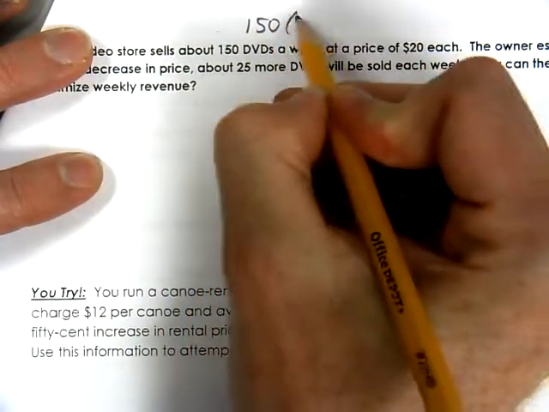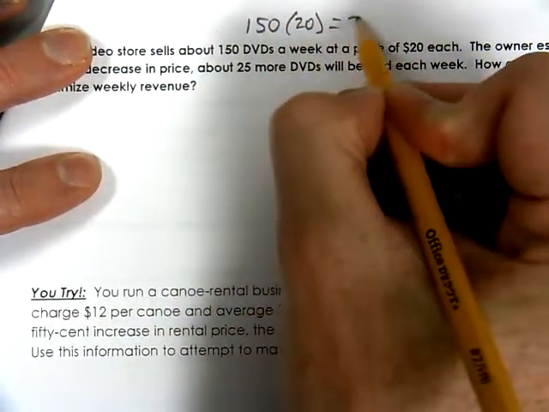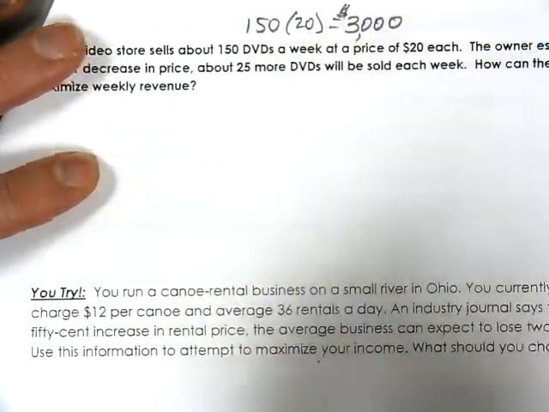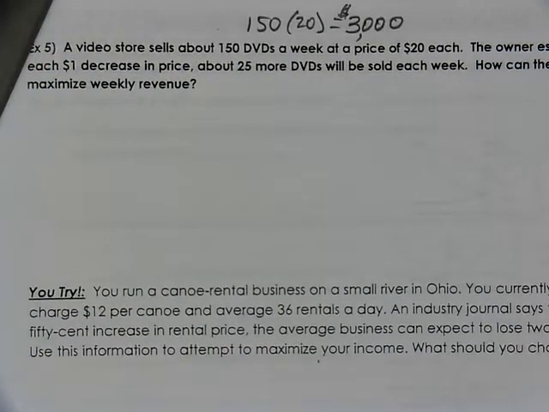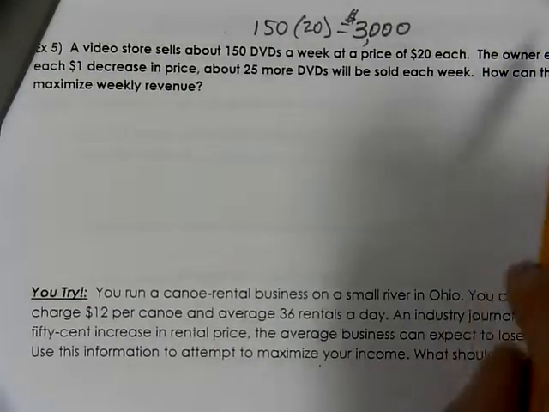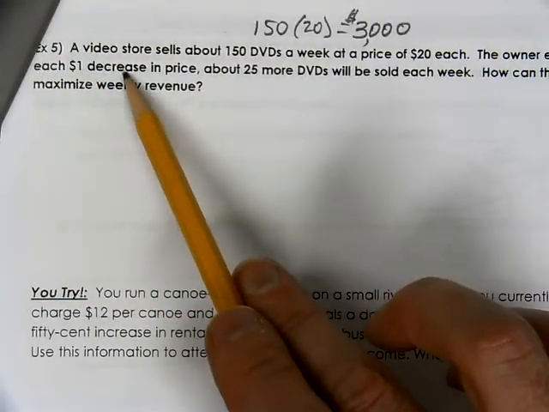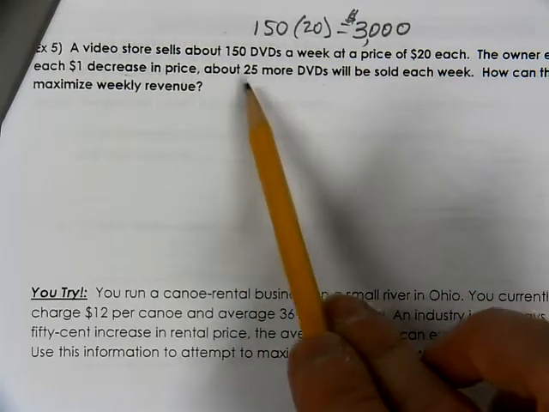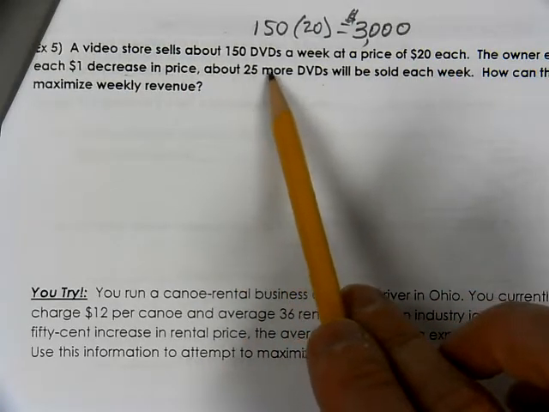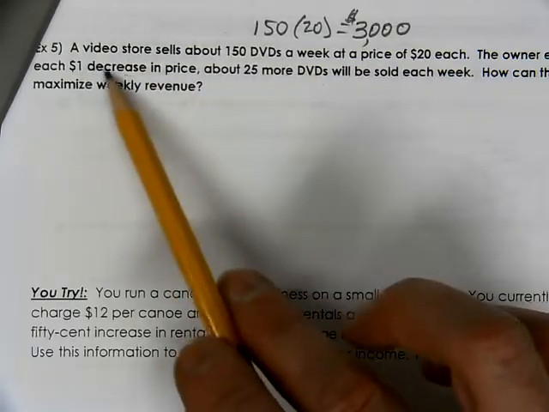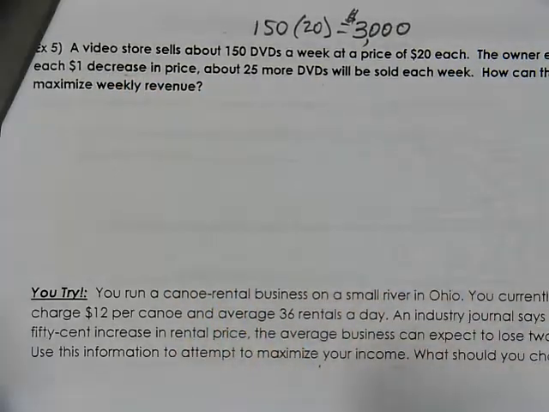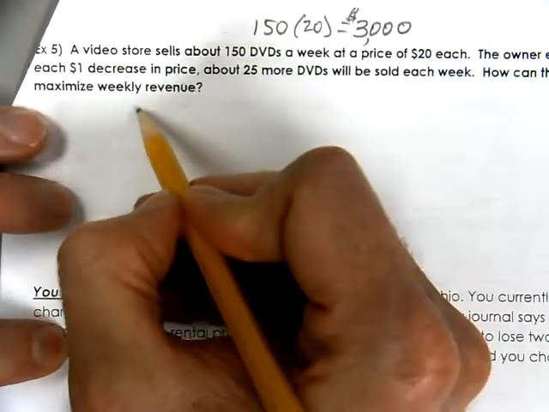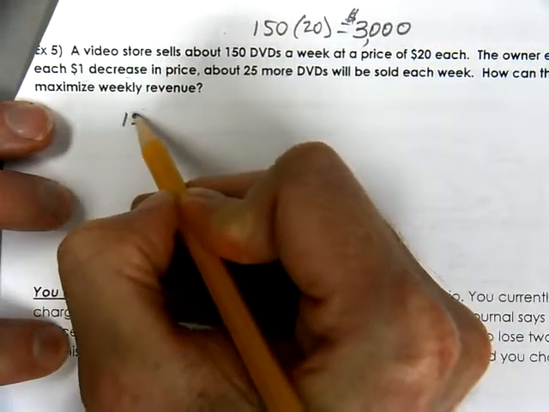Just for a guideline, we get $3,000. Well, the owner estimates that if he decreases the price of each video, he's going to sell more videos. He's actually going to sell 25 more videos for every dollar he decreases. So let's try that. For each dollar he decreases, he gets 25 more.